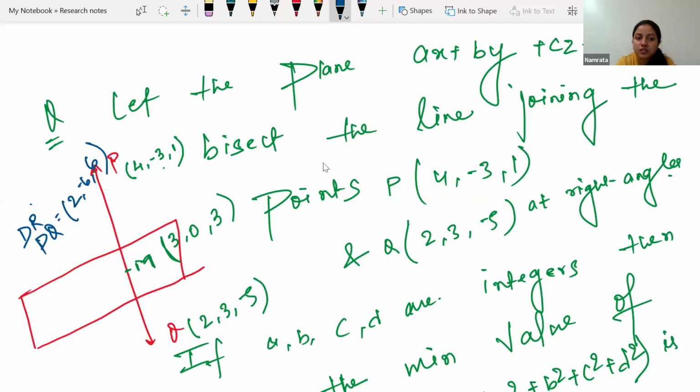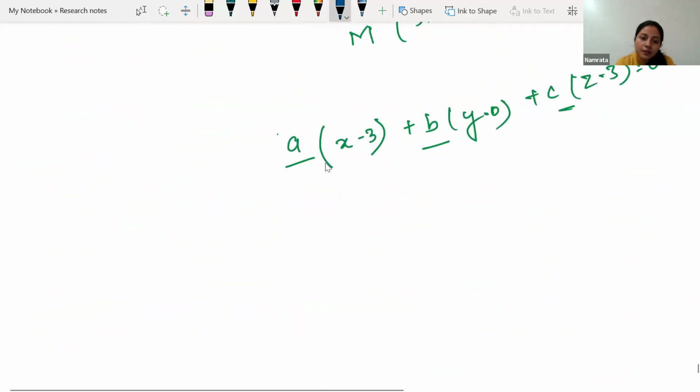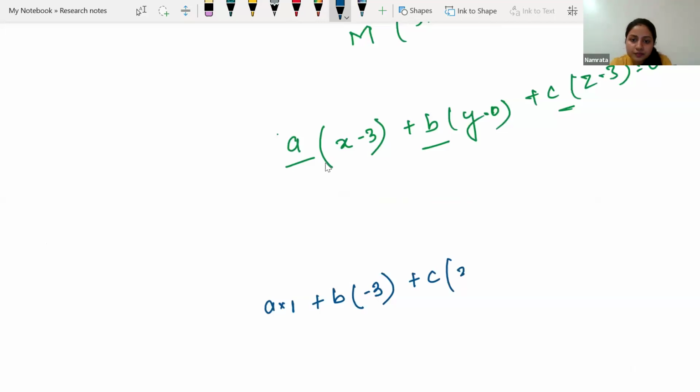If we divide all by 2, we will have 1, minus 3, 3. So we can say A into 1, B into minus 3 plus C into 3 is equal to 0, right?